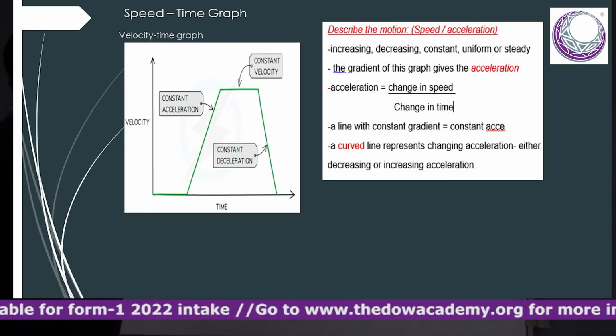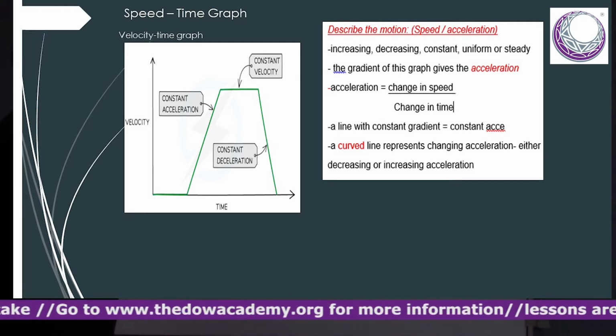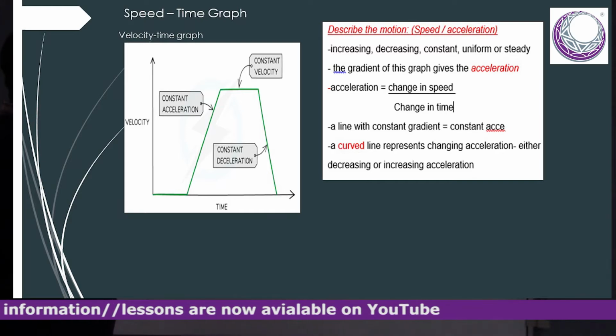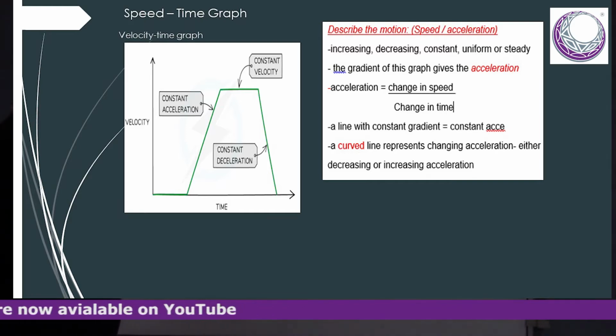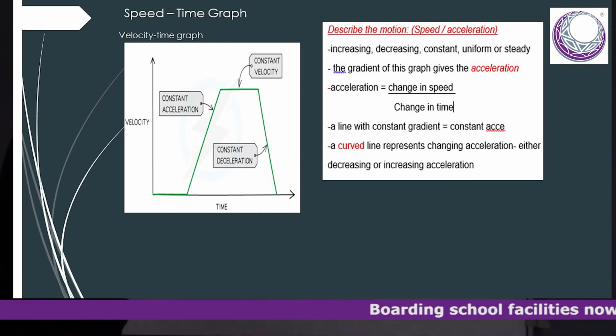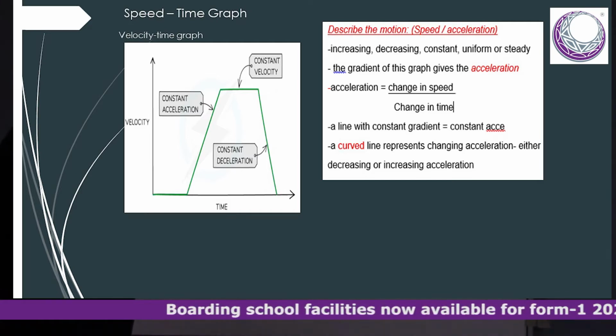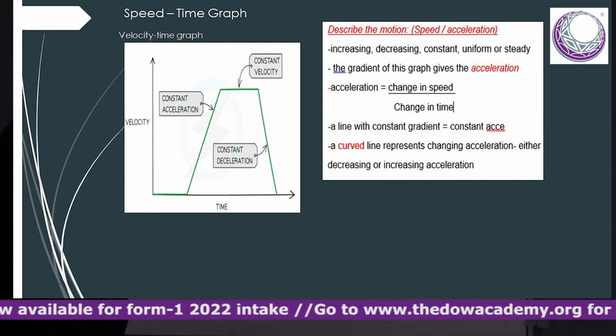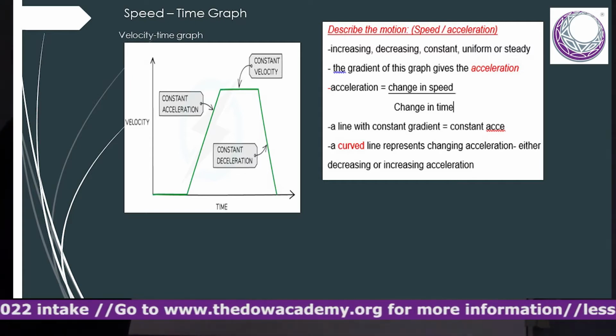On the y-axis, you will see whether it is velocity or speed, and time. Because we also have a distance time graph, so it should not confuse you. You can be required to draw this graph or to sketch it, as one of the objectives said there. So you can do that, a sketch or drawing it.